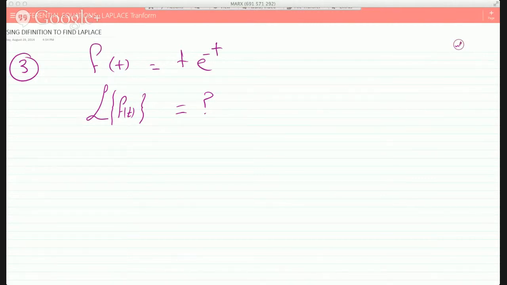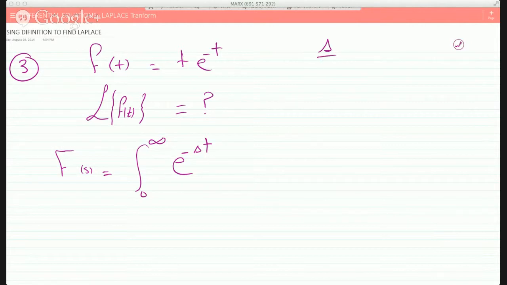The definition was F of s is equal to the integral from 0 to infinity of e to the minus st times f of t dt. I will use s as this triangle so we don't confuse it with the 5.